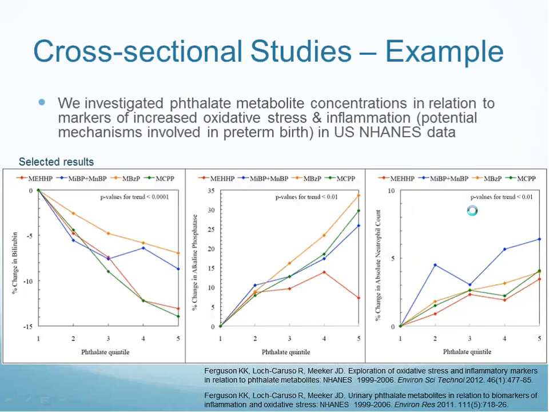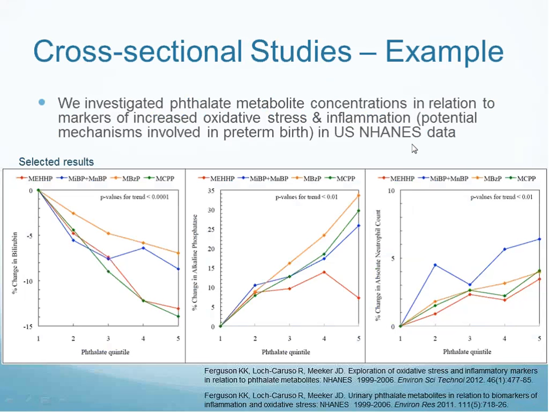Another more detailed example, and I would maybe classify this as analytic rather than descriptive, even though it is cross-sectional, is that we looked at the US NHANES data. This is the National Health and Nutrition Examination Survey. They do it in 2-year cycles. They've been doing it for over a decade now. And they include some biomarkers of exposure.